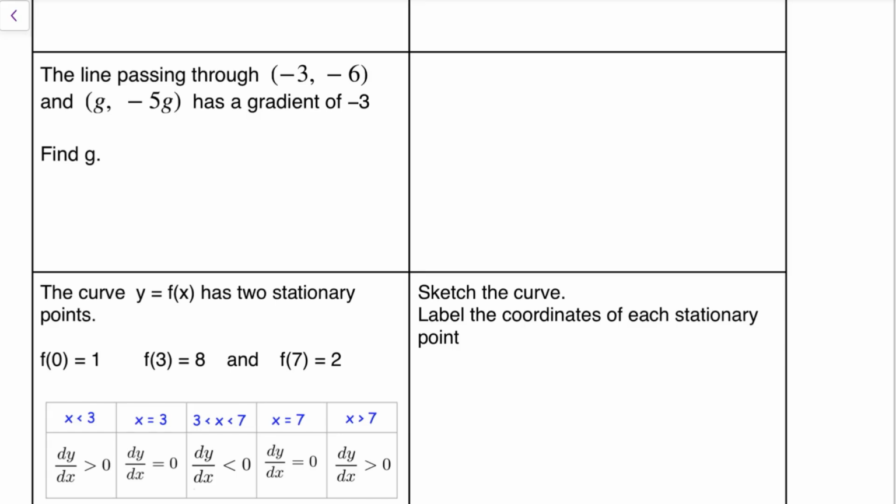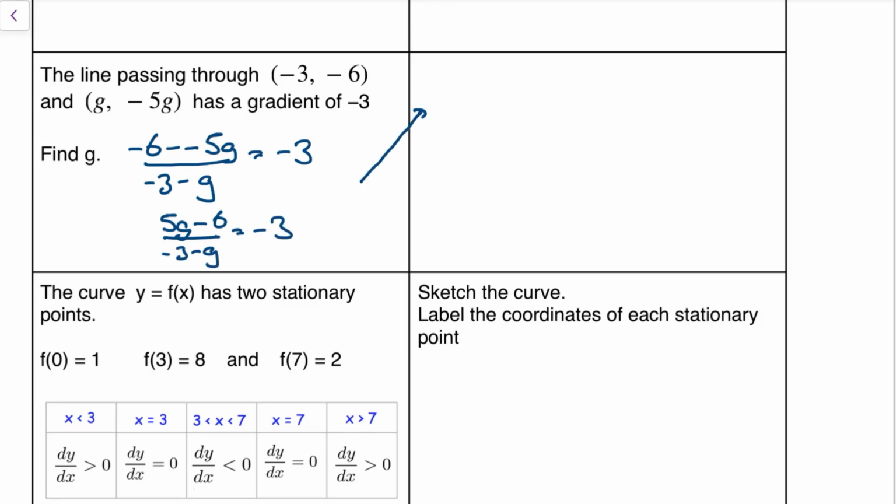I'm going to do -6 minus -5g as my rise, and my run is the equivalent x1, so it's going to be -3 minus g, equal to 3. Okay, let's tidy that numerator up. Minus minus is plus 5g. So that's 5g minus 6 over -3 minus g is equal to 3.